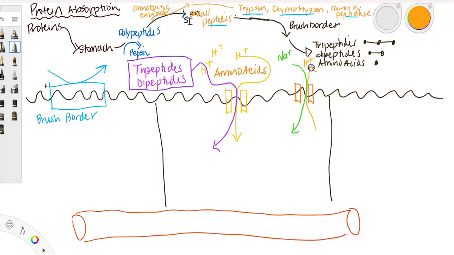Okay, so we can always have a gradient for hydrogen to bring in those tripeptides and dipeptides through this little antiport thing.